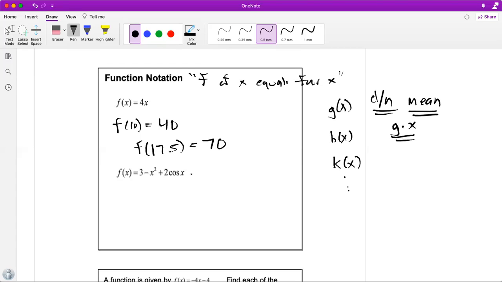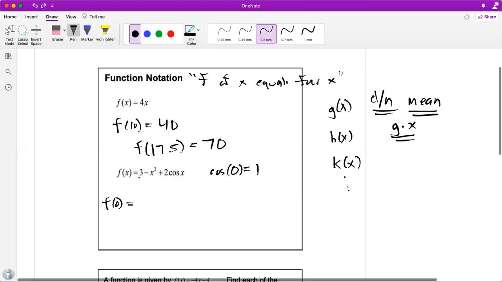And here's the more confusing one. And you're like, well, I don't know what the cosine of anything is at this point in my life. But if I told you that the cosine of 0 was equal to 1, and then I say, what's f of 0? You'd be like, all right. What that means is like, wherever the x's are in the function, I'm going to put whatever's in the parentheses here.